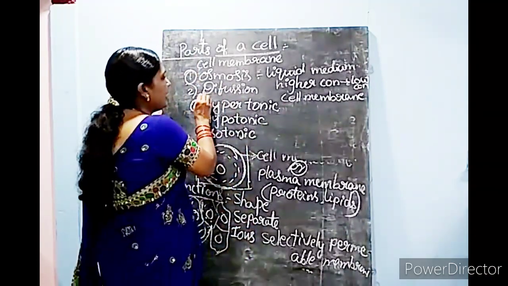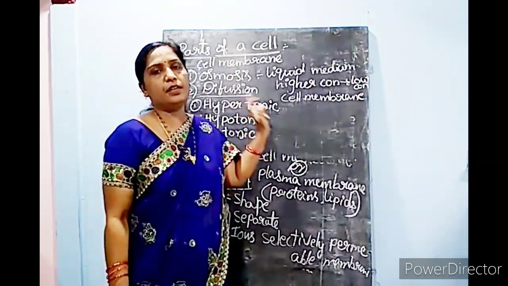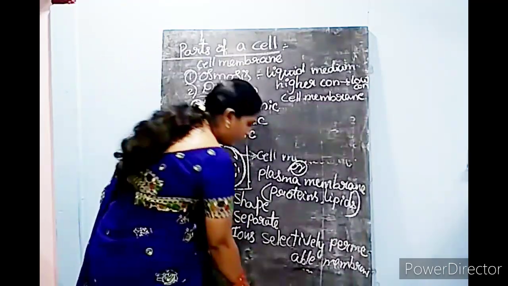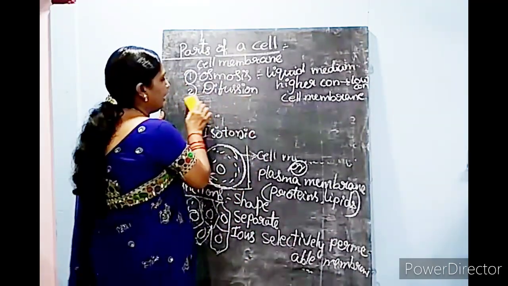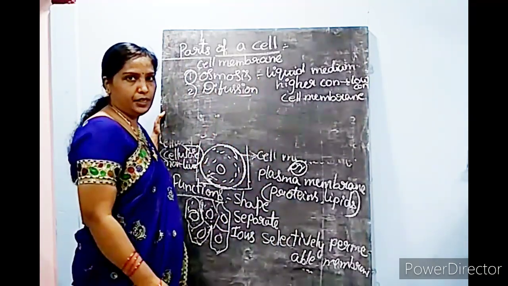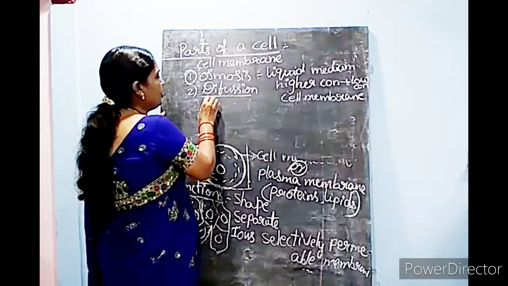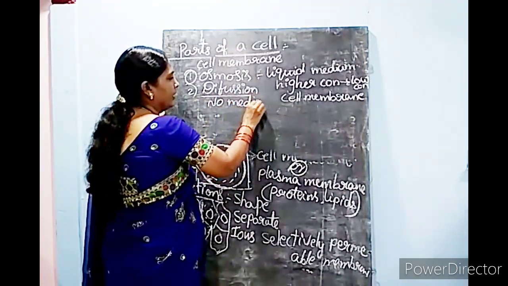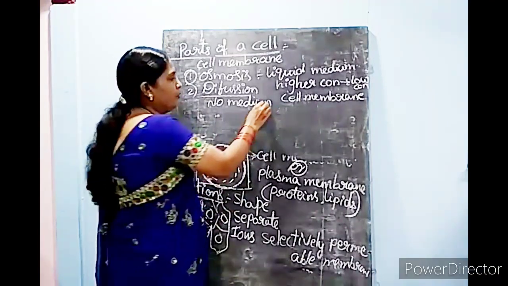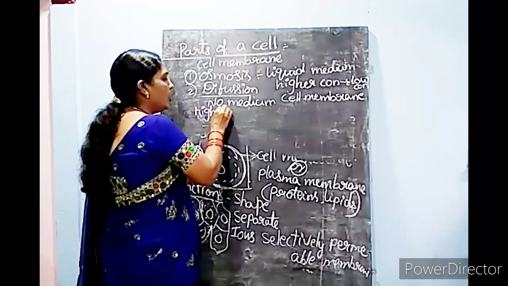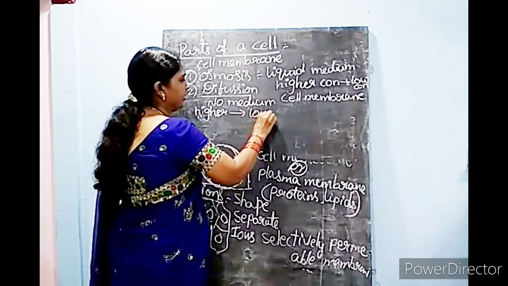And when we come to the next process, this is the diffusion process. In diffusion, there is no need of any medium. Osmosis takes place only in a liquid medium, but diffusion can take place in any medium, and ions are moving from higher concentration to lower concentration.